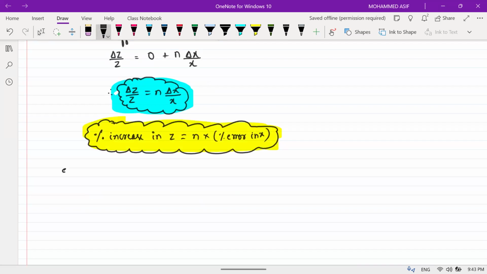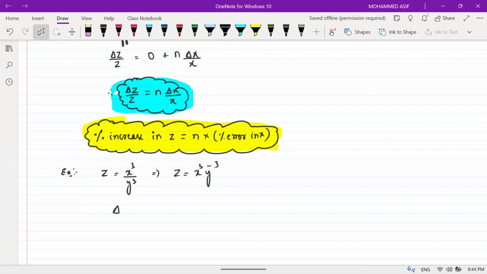So let me give an example. Simply remember like this. If Z is equal to X power 3 divided by Y cube, that means I can write Z is equal to X cube Y power minus 3. Isn't it?